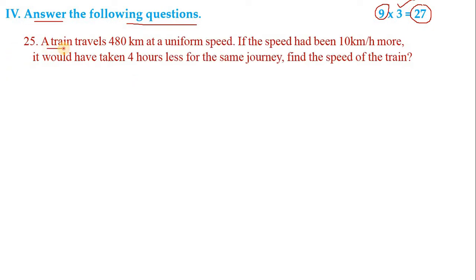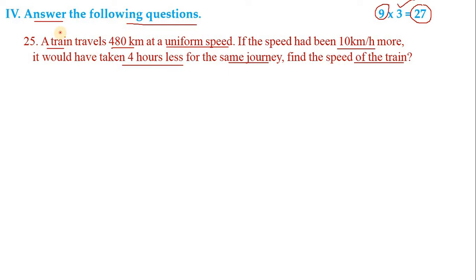25th question. A train travels 480 km at a uniform speed. If the speed had been 10 km per hour more, it would have taken 4 hours less for the same journey. Find the speed of the train. Children, first understand the problem.